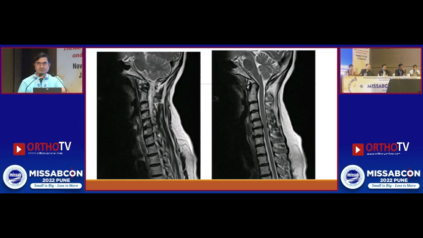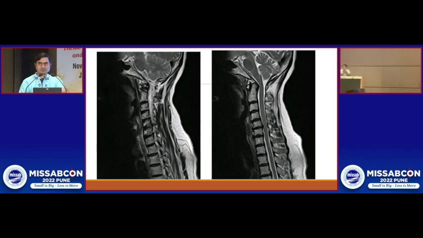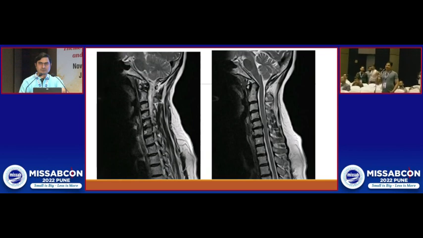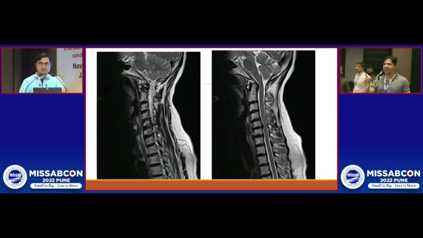If you look at the posterior, there is definitely buckling of the ligamentum flavum, and signal changes there. Although it's only radiculopathy, if the posterior were fine, I would have gone for a laminotomy, that is my choice. But looking at the cord changes and the posterior buckling, 100% anterior, because that solves everything.